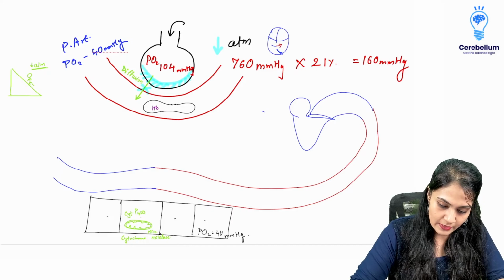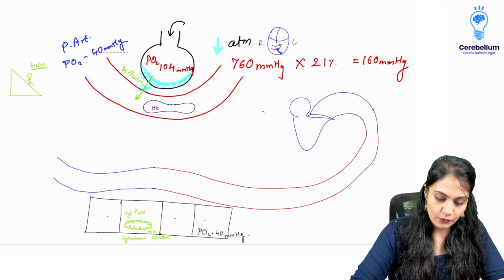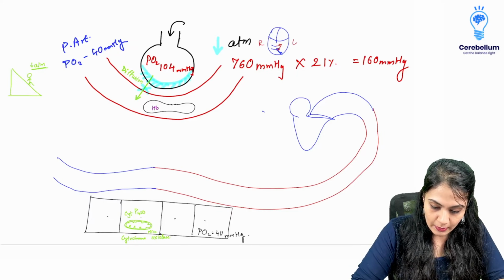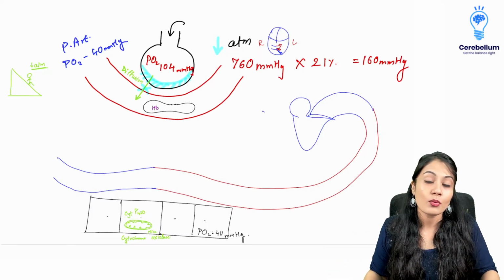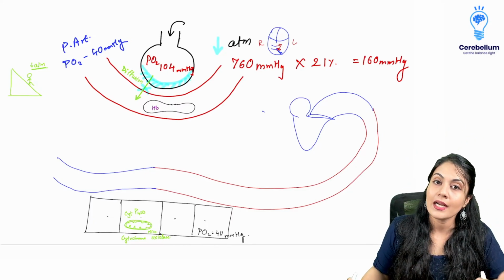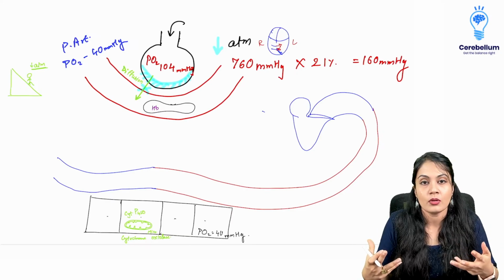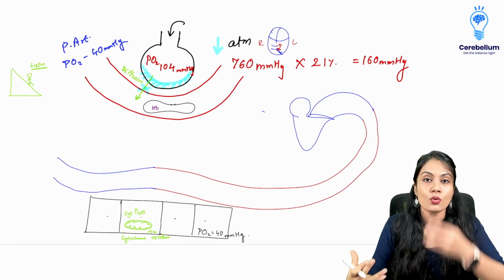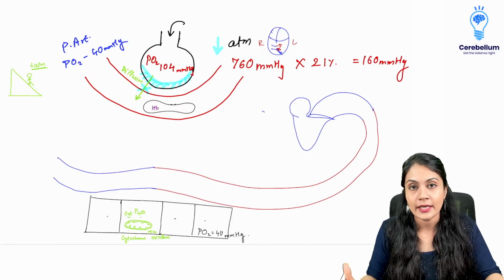Now what is happening? See over here, the blood is getting mixed. This is the left side of the heart, this is the right side of the heart. So deoxygenated blood is getting mixed in the oxygenated blood. So because of that, what will happen? The deoxygenated blood is going to go towards my tissue. And definitely it is mixed blood that is going, so the oxygen is not going to be 100 mmHg there or 98 or 95.